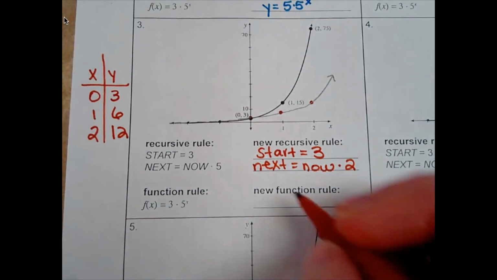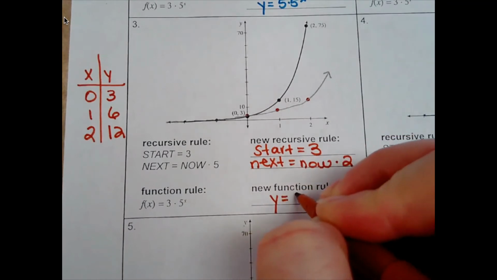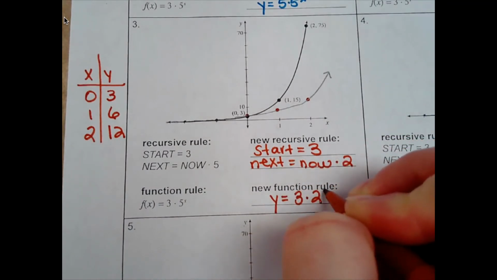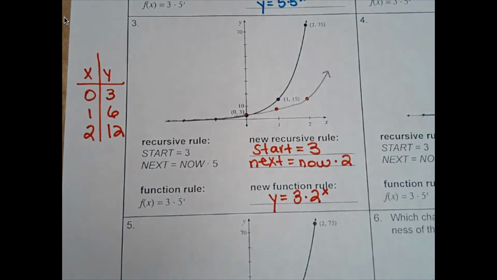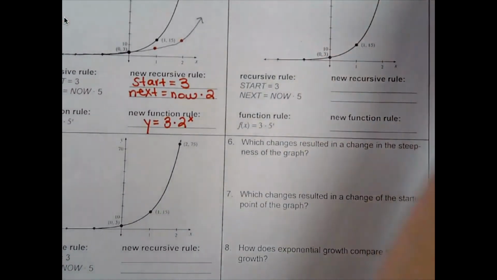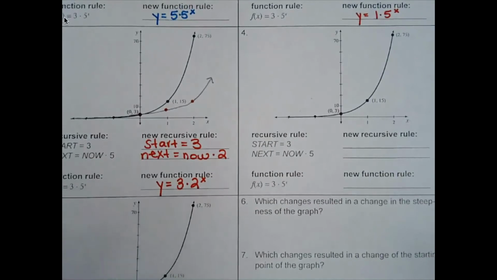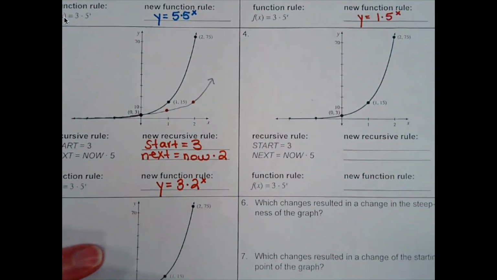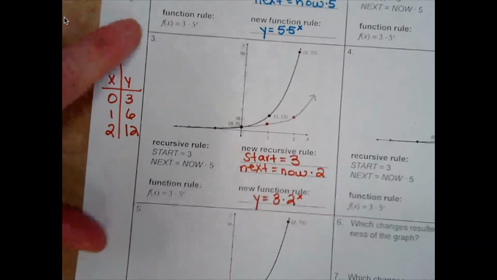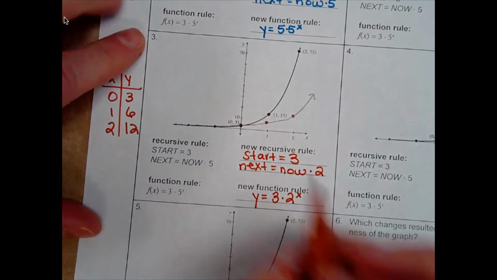What's our new function rule? 3 times 2 to the x. What was the same about this one?